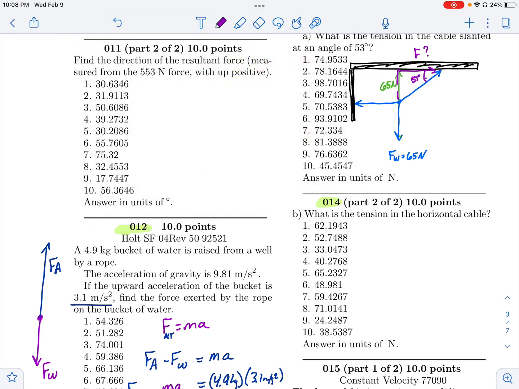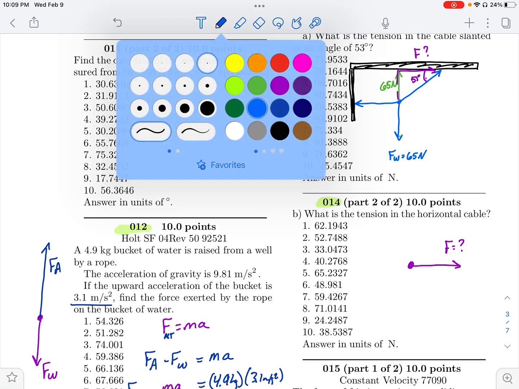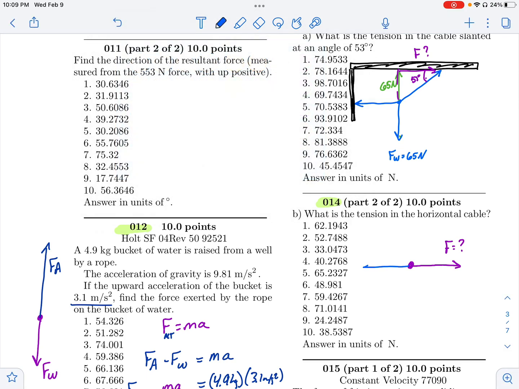If I draw my free body diagram, I have a horizontal piece here, a force that we don't know yet, but we can find out. And I have another force going in this direction. Because they are in equilibrium, these two forces would equal each other.